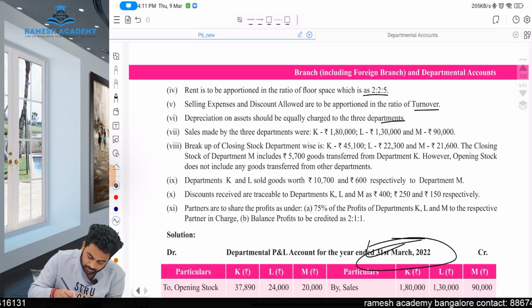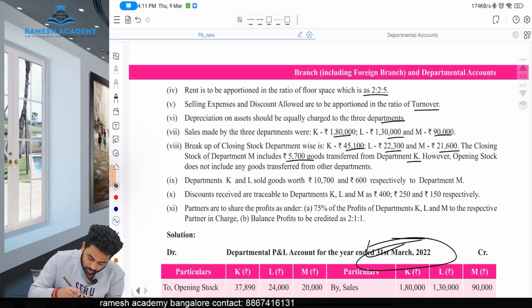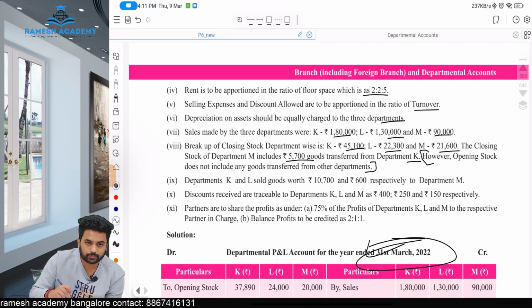Sales made by three departments were 180, 130, 90. Breakup of the closing stock department wise: 45,100, 22,300, 21,600. The closing stock of Department M includes 5,700 goods transferred from Department K. However, opening stock doesn't include any goods transferred from other departments, which means there is no opening stock reserve, right?